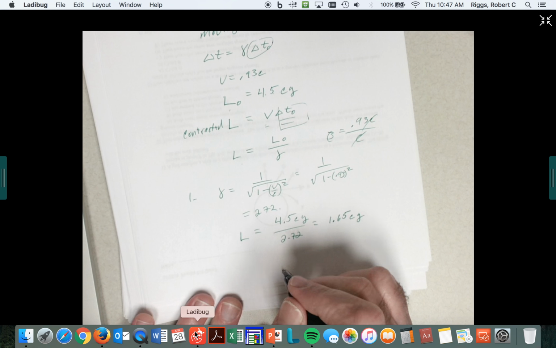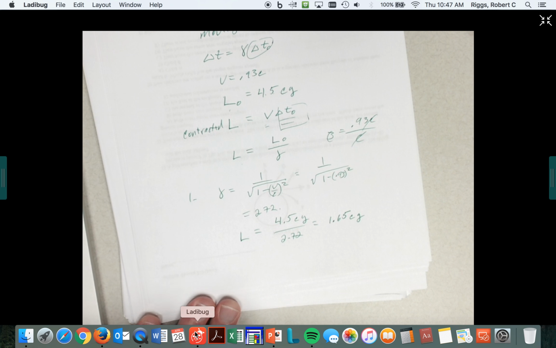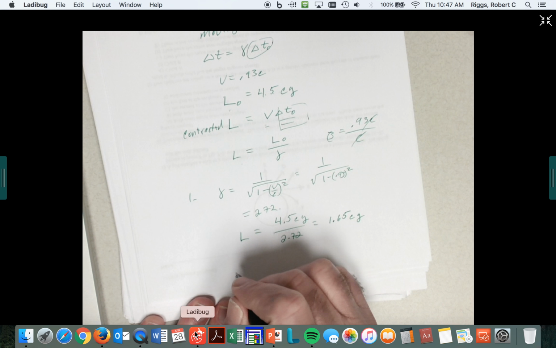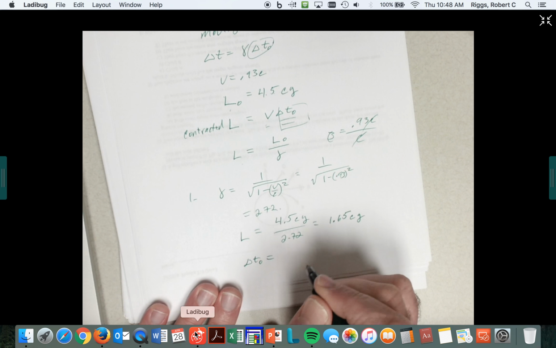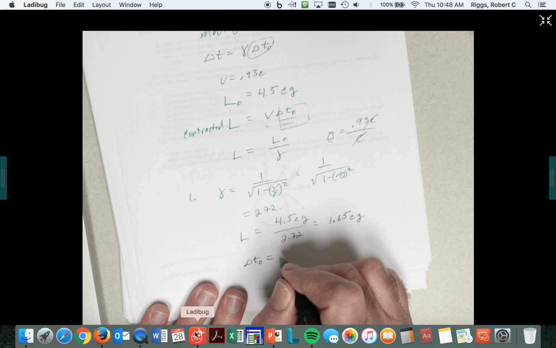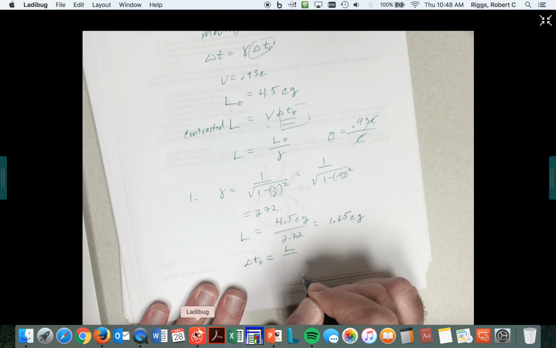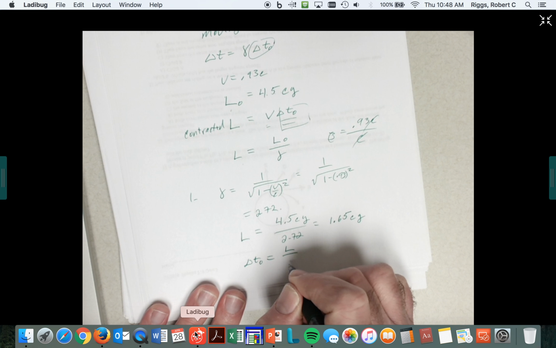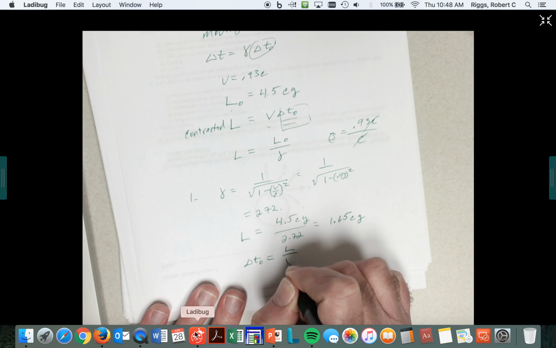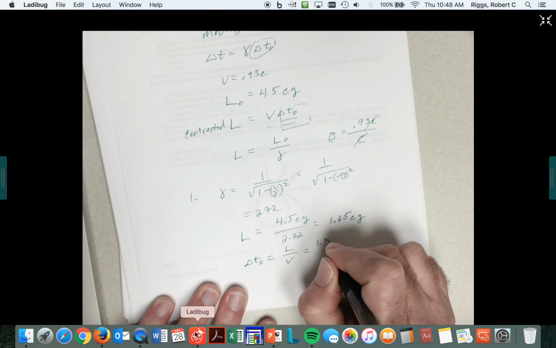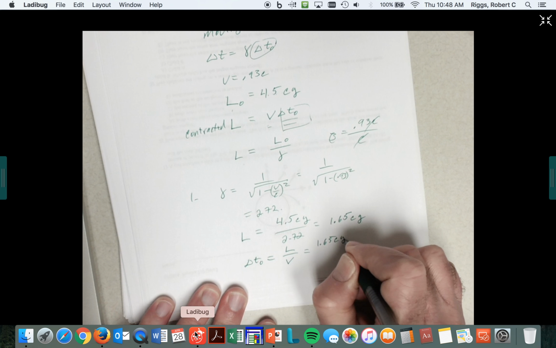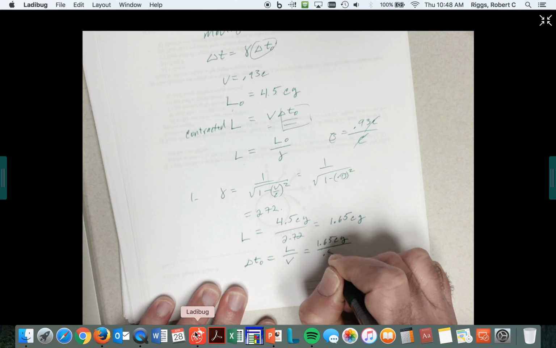So the time it will take me to get there, delta t naught, is equal to the contracted length over the speed. I've got 1.65 light years divided by 0.93 c.